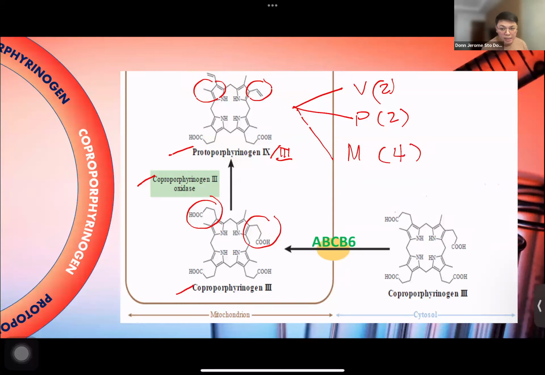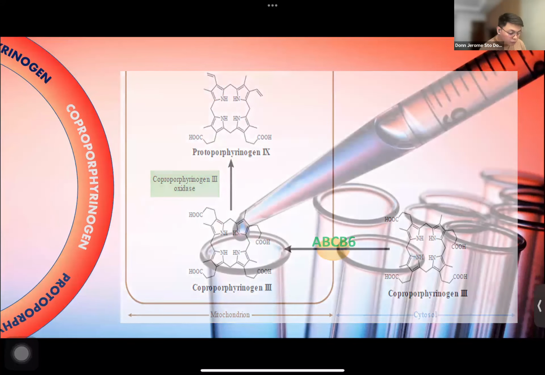Wala nang acetate side chains. So tinanong kayo, between the three, if you arrange it from most polar to least polar, most polar is uroporphyrinogen, followed by coproporphyrinogen, and the least polar is your protoporphyrinogen.